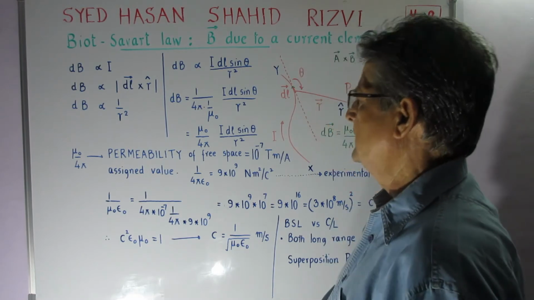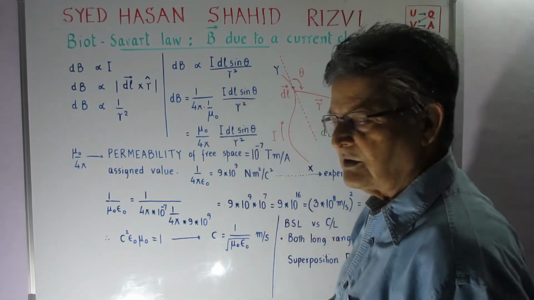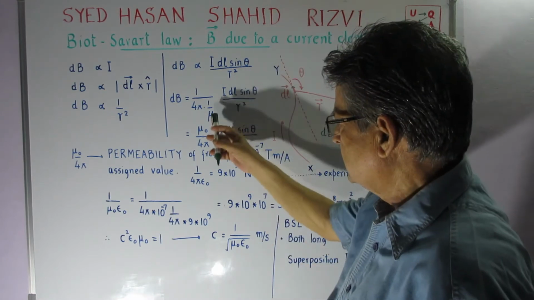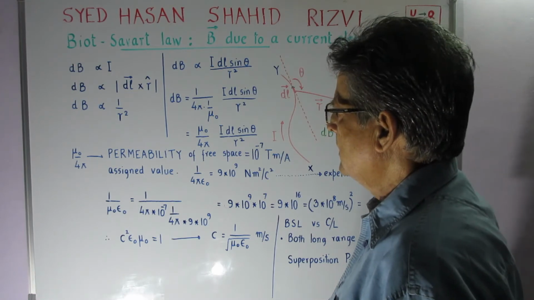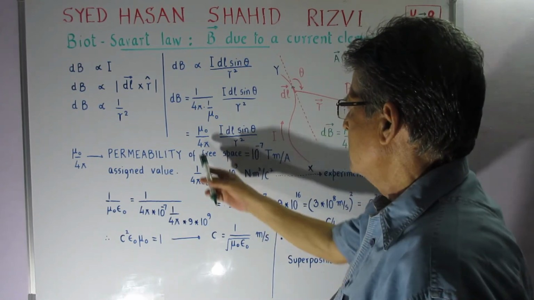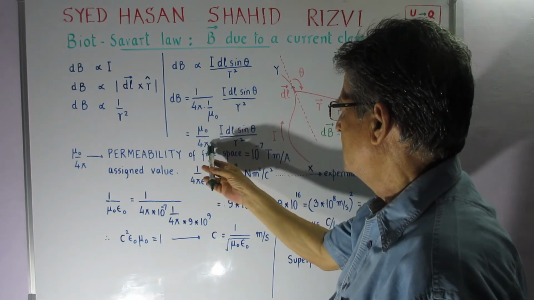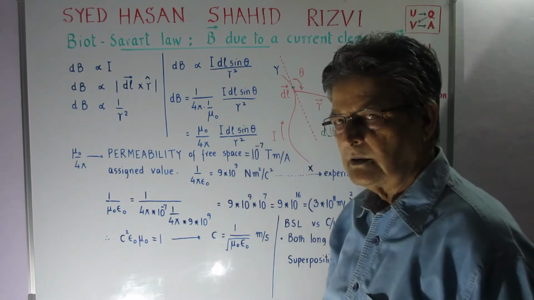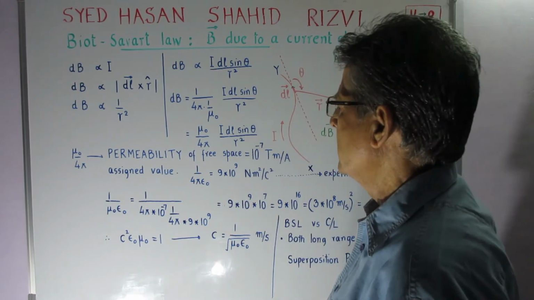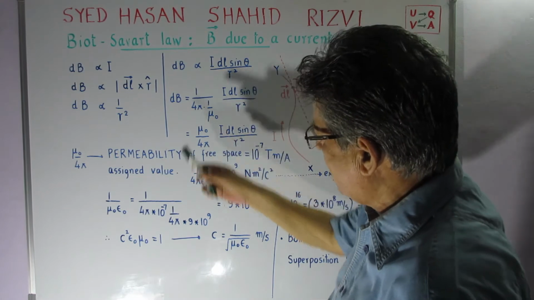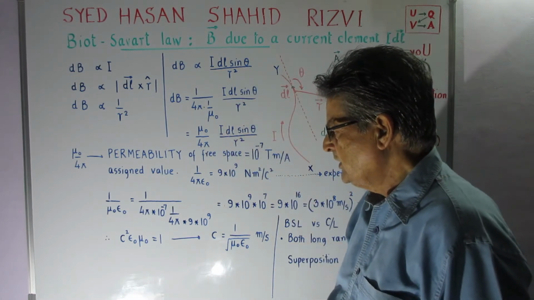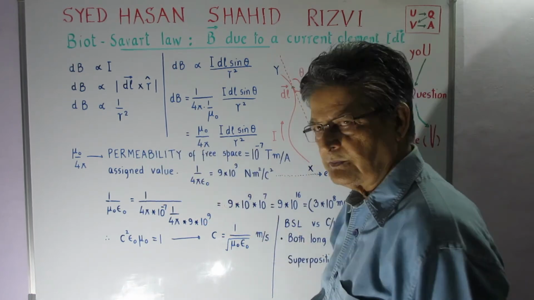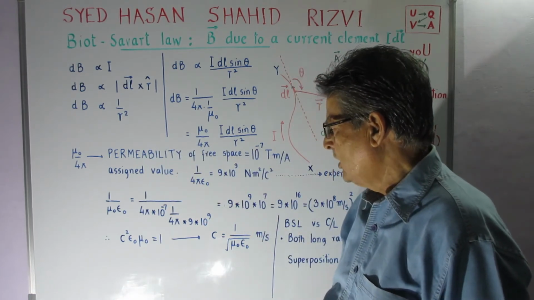Okay. But there is a certain reason which we'll discuss later on, why I am taking this 1 upon mu naught. So what I get is dB is equal to mu naught upon 4 pi, I dl sine of theta upon r square, where this mu naught upon 4 pi is the permeability of free space, vacuum.